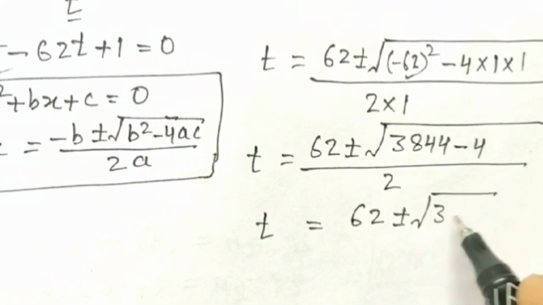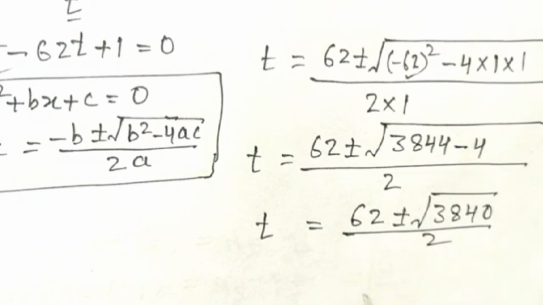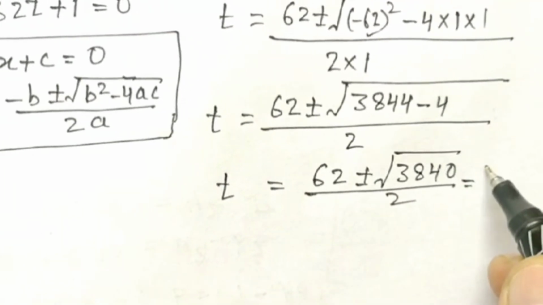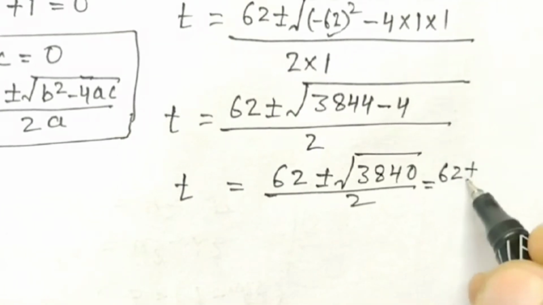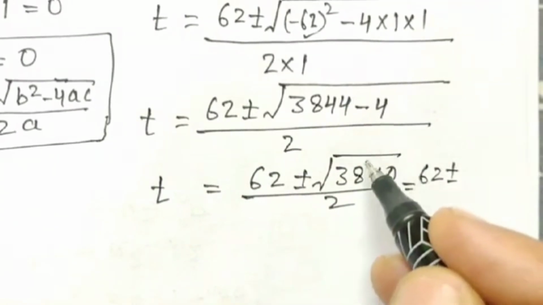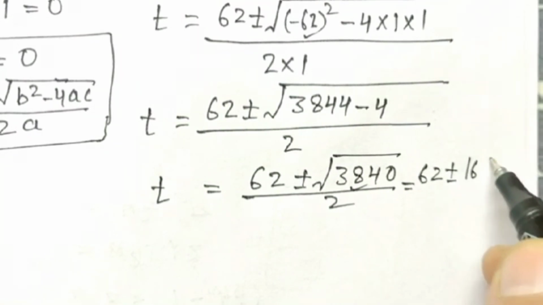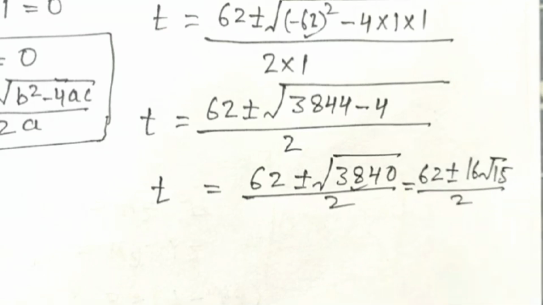So t is equal to 62 ± √3840 over 2, or 62 ± 16√15 over 2.